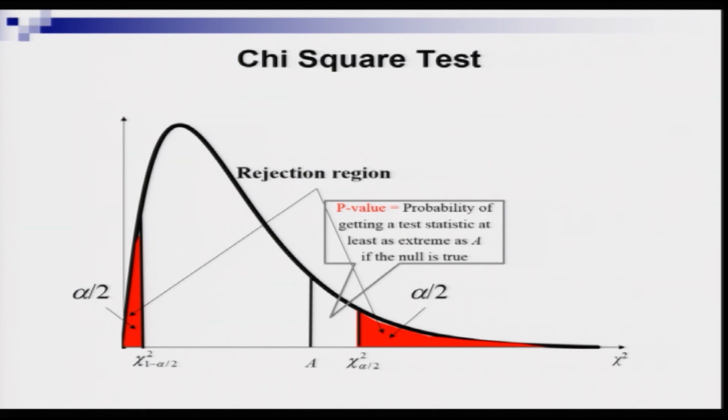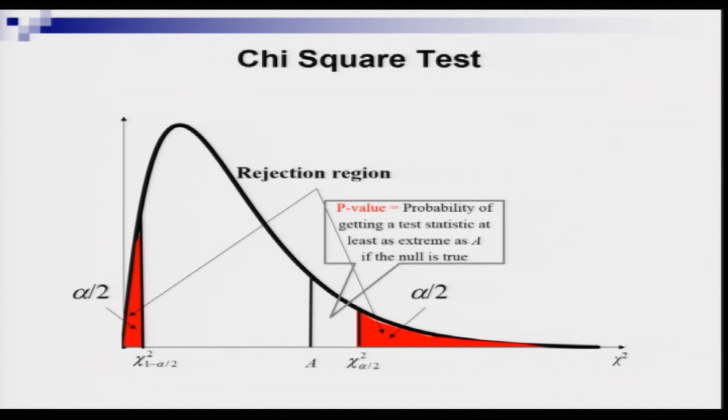I have denoted these two critical values both for the lower tail and upper tail. If I focus on the right tail now, the area which is bounded by the vertical line at chi-square alpha by 2, the upper critical value, and the chi-square PDF, that is marked in red, and that is basically my rejection region, and that has the probability value alpha divided by 2.